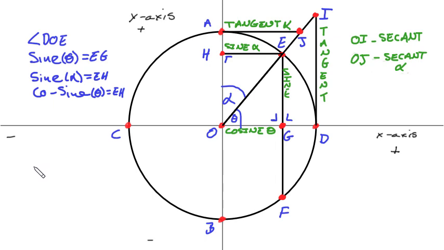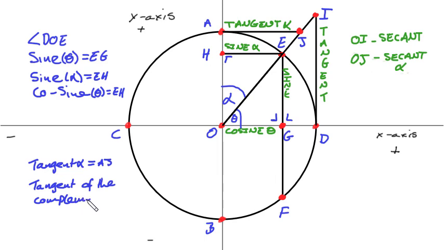So we have the tangent of alpha is equal to AJ, and that is the tangent of the complement of theta, or the cotangent of theta.